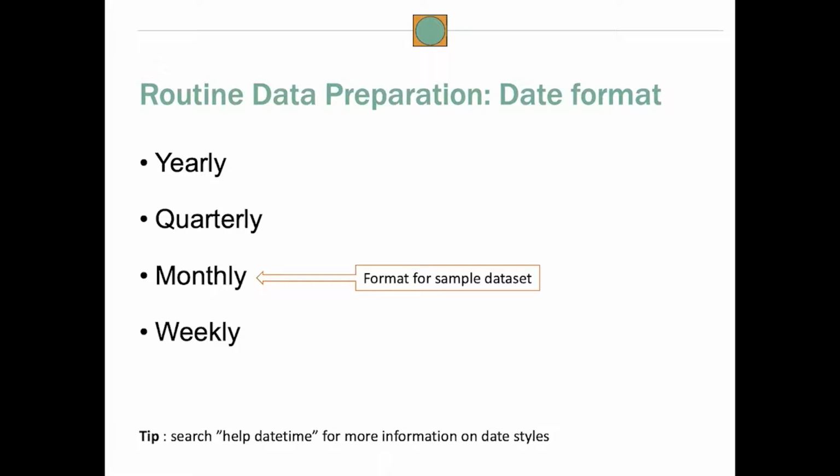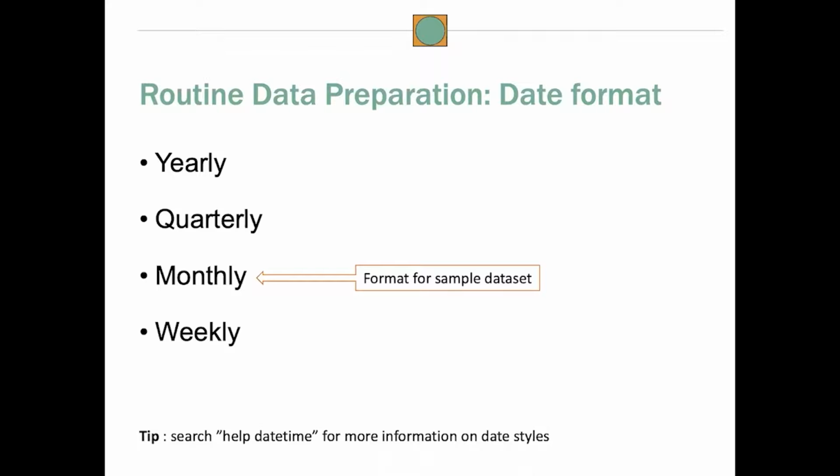And so we'll go through how to format our data in detail in the demonstration following. For more information on other date styles, you can search help datetime in Stata.